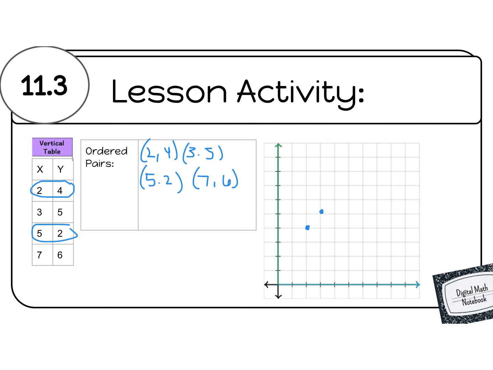Our third point is 5, 2. So that would be 1, 2, 3, 4, 5, up 1, 2. Oh, so if this were our data, it goes up and then down. All right, I'm going to leave you to graph this last point, 7, 6, in your digital math notebook.